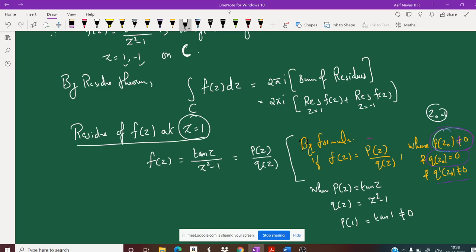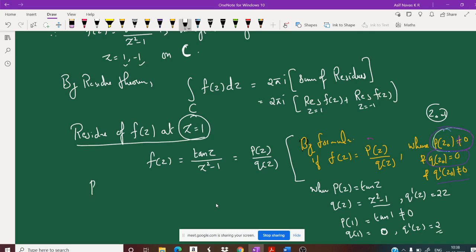Any doubt? What is q of 1? 0. You put 1 here, you get 0. What is q dash of z? It is 2z, right? So q dash of 1 is 2.